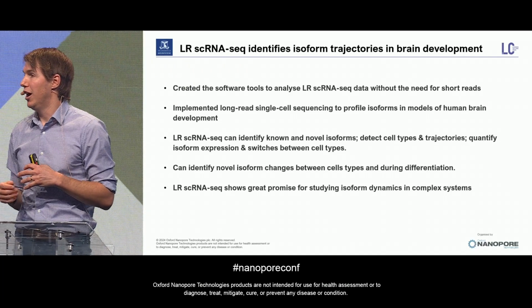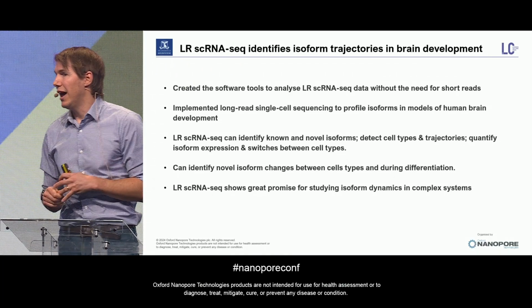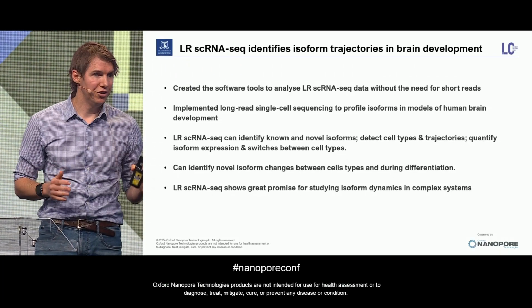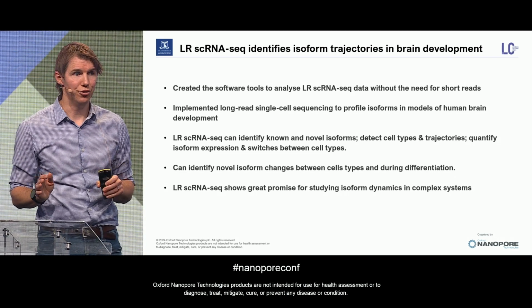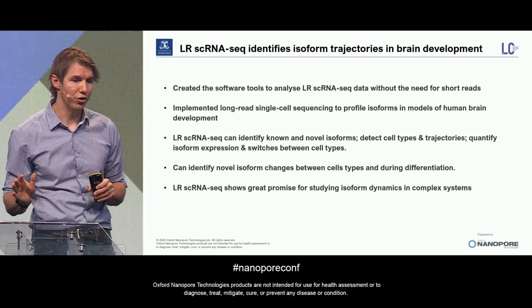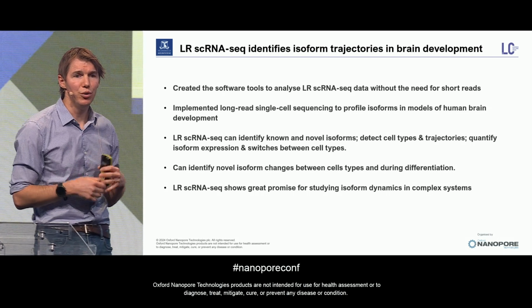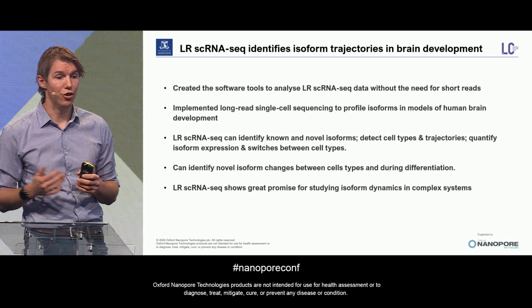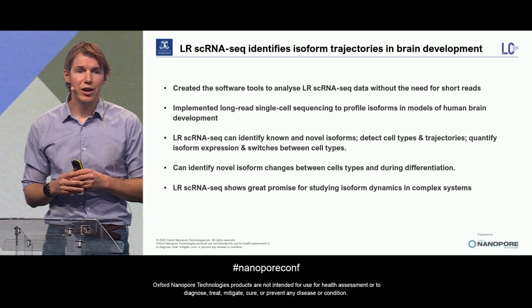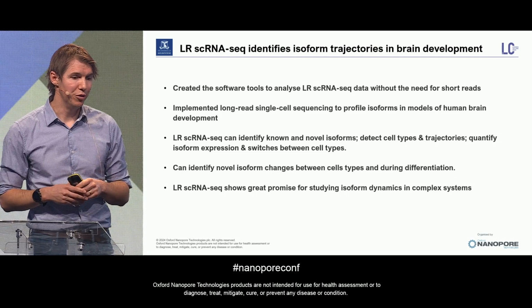Okay, so just to summarize, we've put in quite a lot of work to help create software tools to analyze long-read single-cell data, and all of the work I've shown you and all of the data is completely without any short reads at all. This is all based just off your long reads. We've used this to better understand, in an ongoing project, the role of isoforms in human brain development.